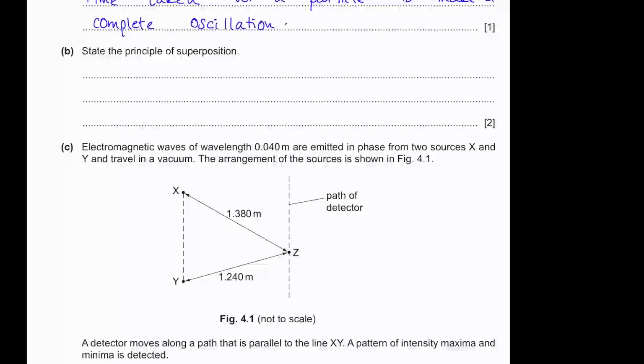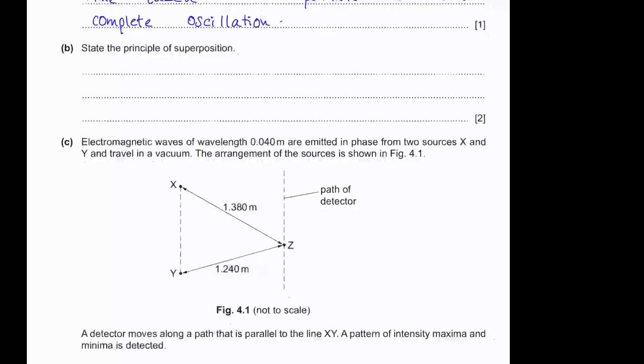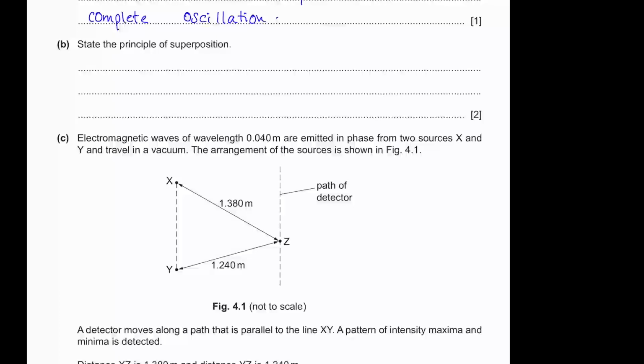Or you can also say the time taken for the wave to travel the distance equal to its wavelength. Same thing. The principle of superposition, what is that?